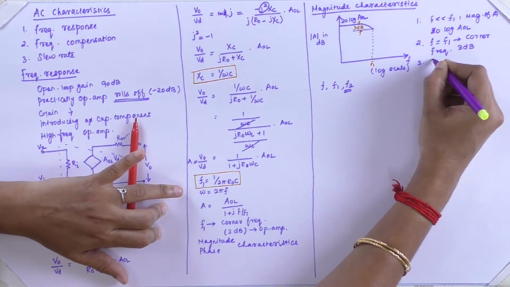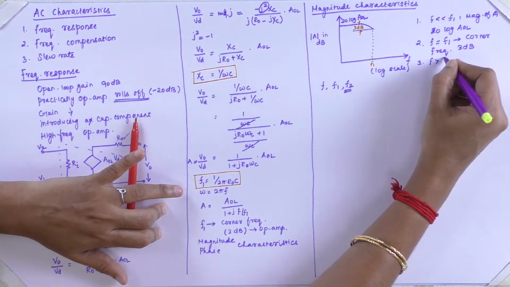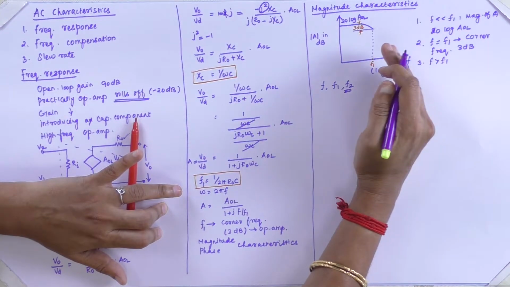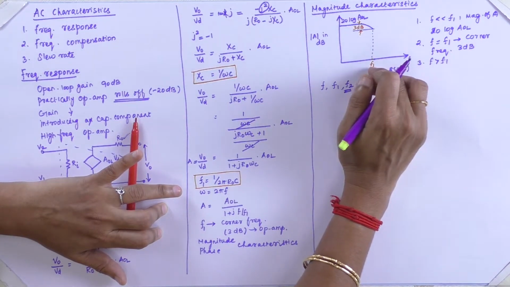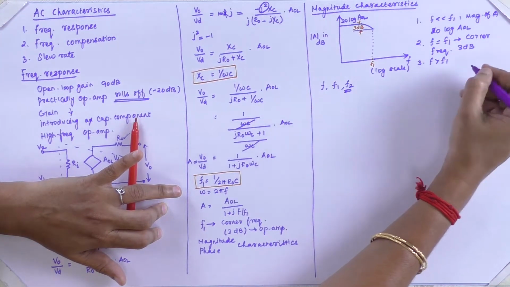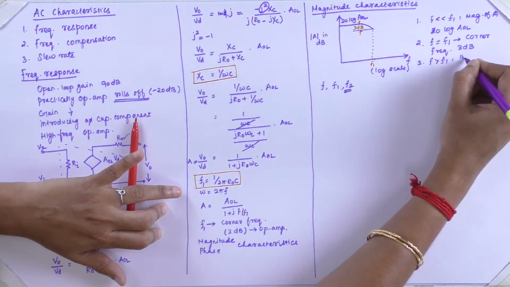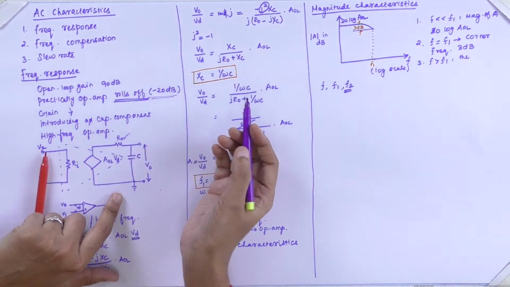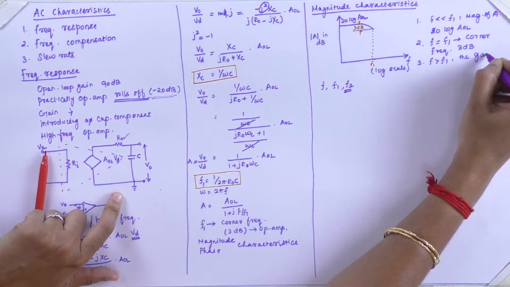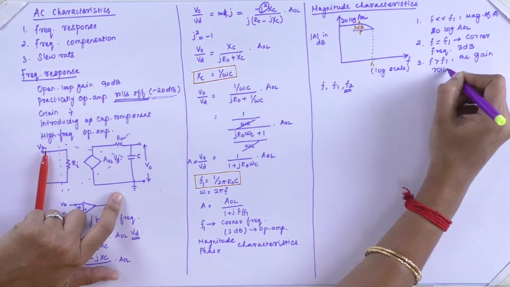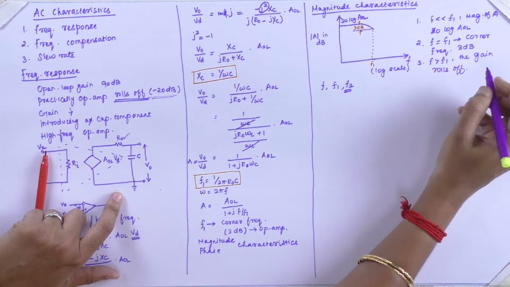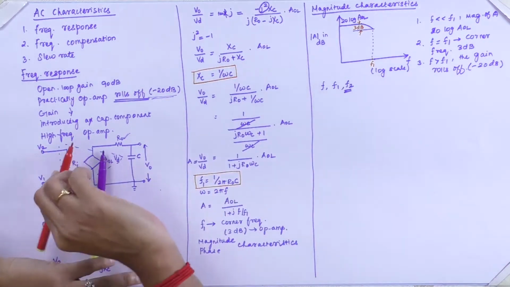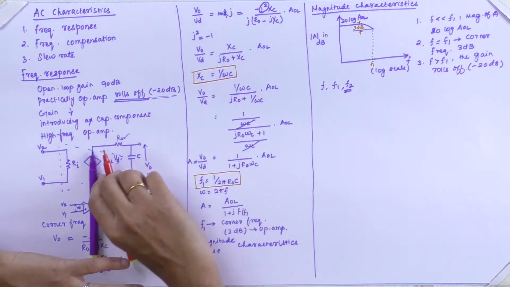So the third one is F greater than F1. In this region, beyond F1, if it goes further past that corner frequency, the gain rolls off. As I already mentioned, the gain rolls off at every minus 20 decibels. So in that condition I have to draw a circuit.